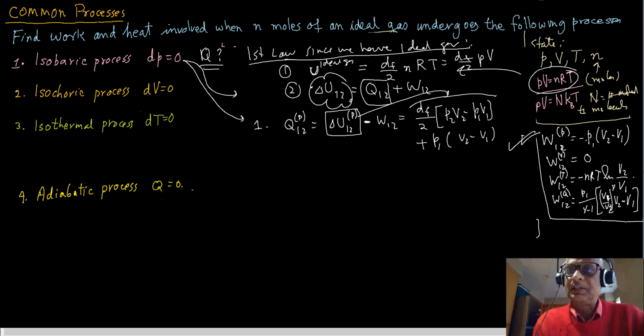So we can take the P1 out, and we just get 1 plus df over 2 times P1 times V2 minus V1.